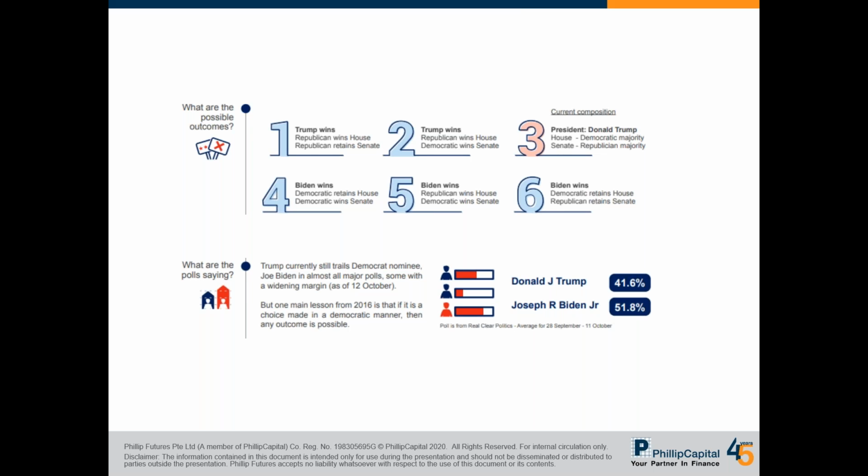Could be anything. Currently, the president is Donald Trump, and the current composition is that the House retains a Democratic majority and the Senate retains a Republican majority. What are the polls saying? Currently, Trump is still trailing Biden. Of course, anything can happen, as we learned from the 2016 elections.